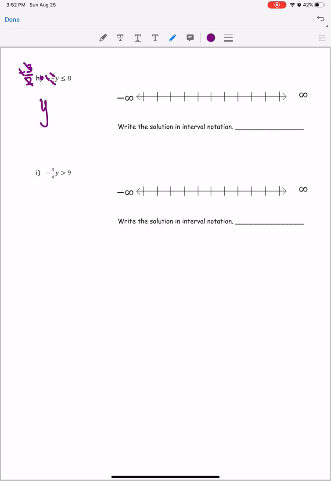And then what I do to one side, I've got to do to the other. So if I'm multiplying this side by negative 3 over 2, I also need to multiply this side by negative 3 over 2. So when you multiply straight across, if you would like to, you can make this 8 all over 1.